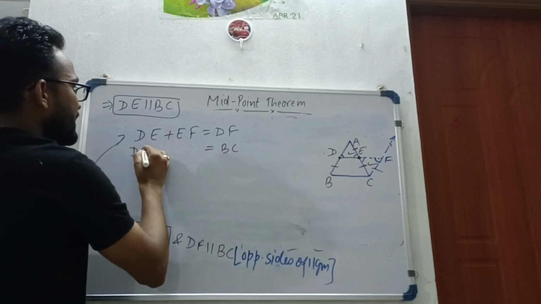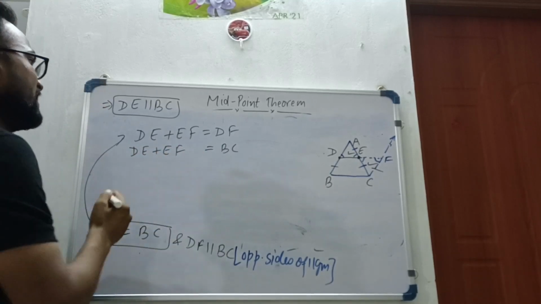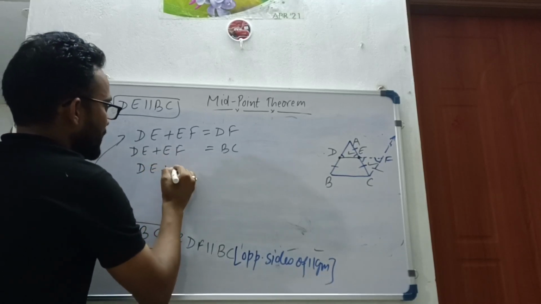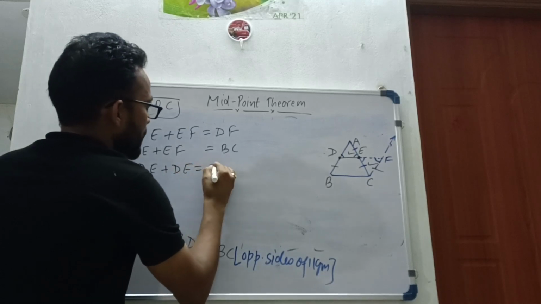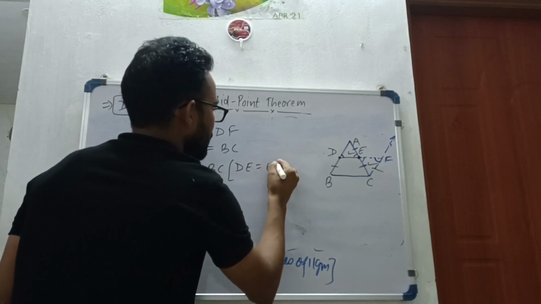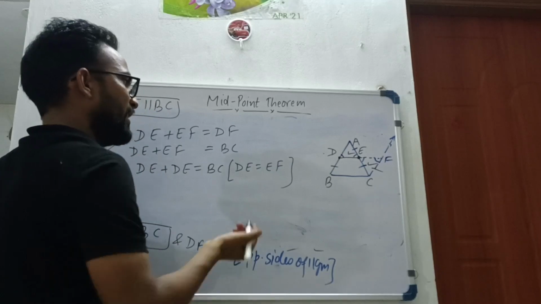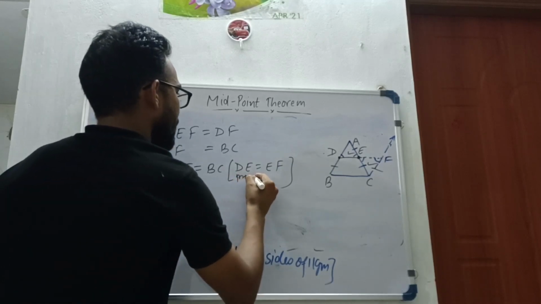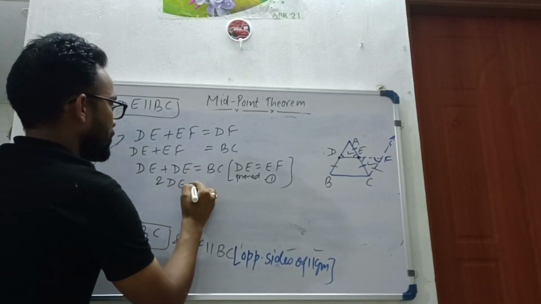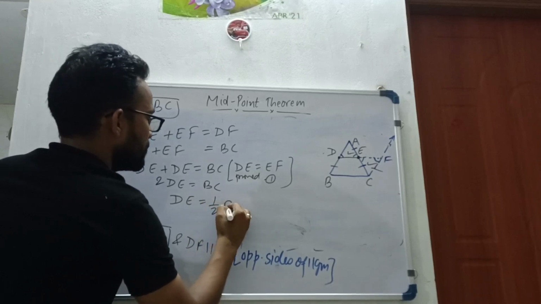So DE plus EF is equal to BC, but DE and EF are equal, so you can write DE plus DE is equal to BC. DE is equal to EF, which you proved in equation 1. Now you get 2DE is equal to BC. It means DE is equal to half BC.